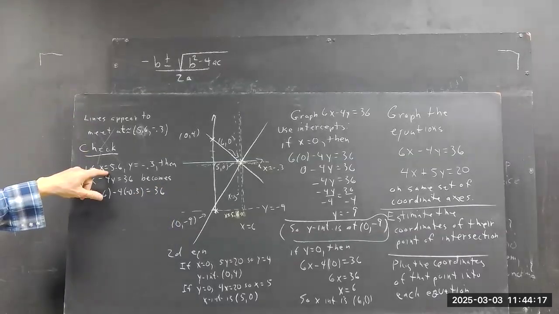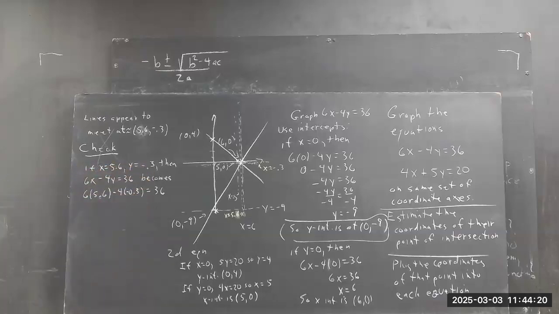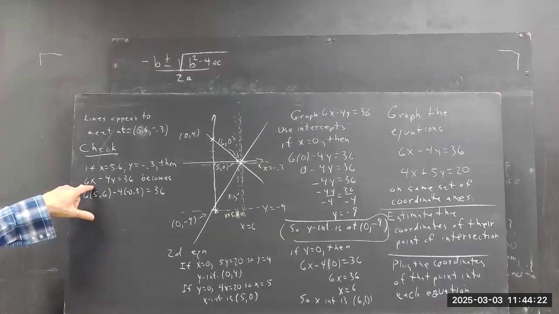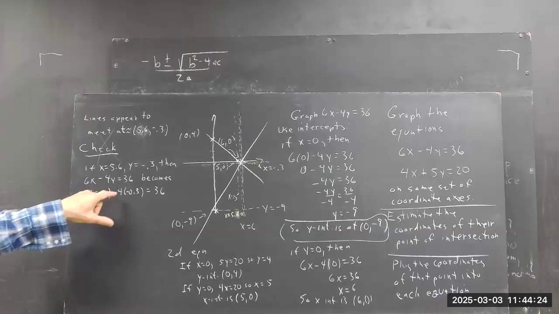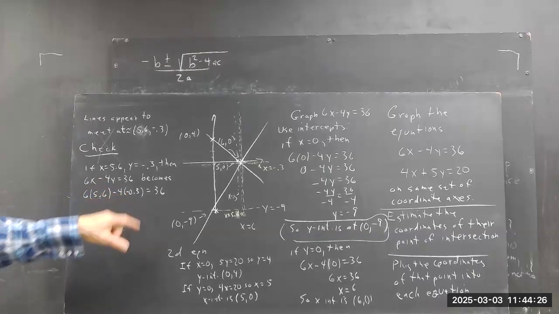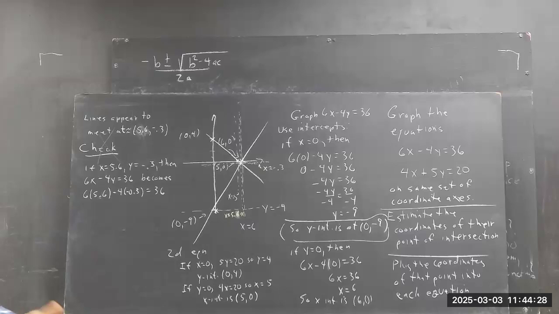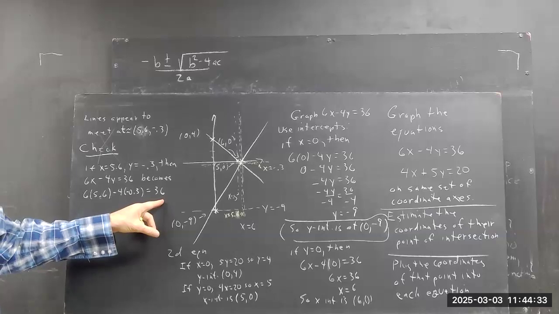What have I done? I said, well, if x is 5.6 and y is -0.3, then I replace x by 5.6, I replace y by -0.3, and see what that gives me. If I'm completely wrong, it's not going to give me 36.